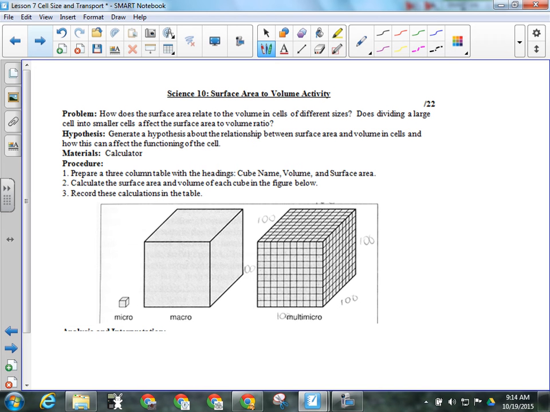All right, so you need a hypothesis that talks about the relationship between surface area and volume in cells and how that can affect the functioning. So the if part of your hypothesis should probably mention something about how a cell transports material.